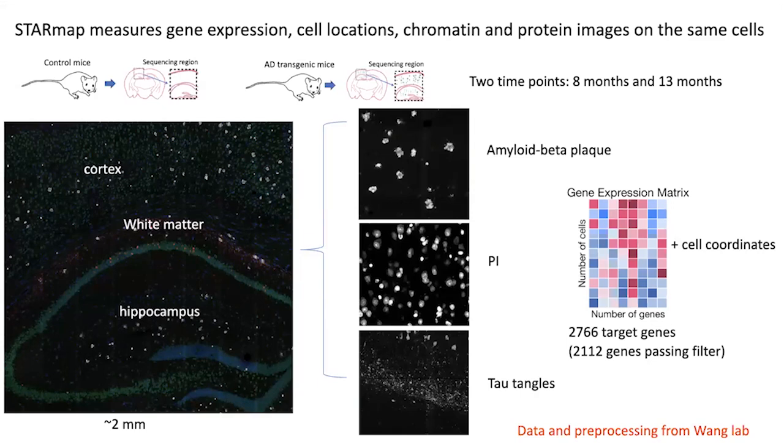Additionally, there's a measurement of the chromatin of the cell, and later on we'll show that this is very informative of the state of the cell. Because it's an Alzheimer's disease model, we also performed paired imaging on the same cells of amyloid beta plaque and tau tangles. In the experiment, there are 4 mice at 2 different time points, 8 months and 13 months. At each time point, there are 2 mice, 1 control and 1 AD transgenic.